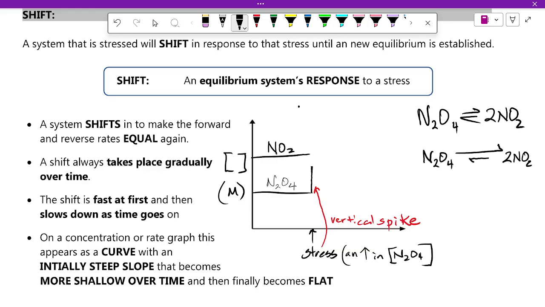Just like that. Yeah, it will eventually, but I don't think. Oh, no, it will go double the amount. It's just gonna go down.